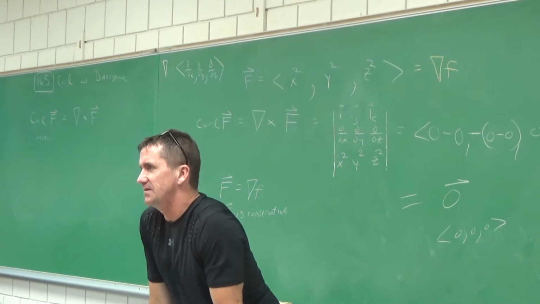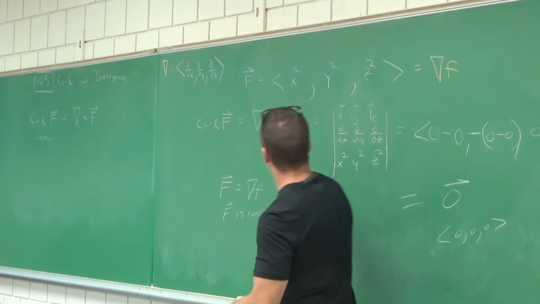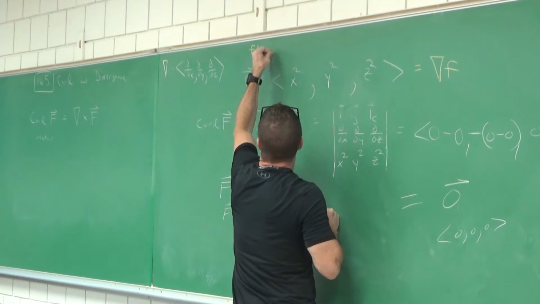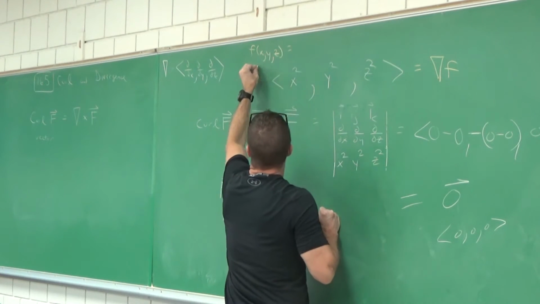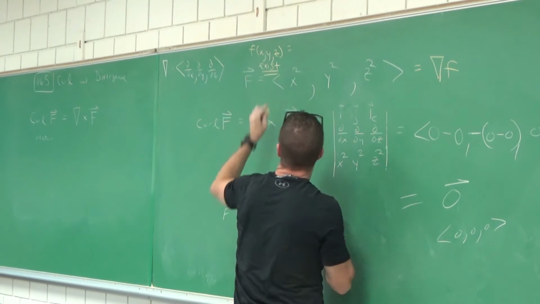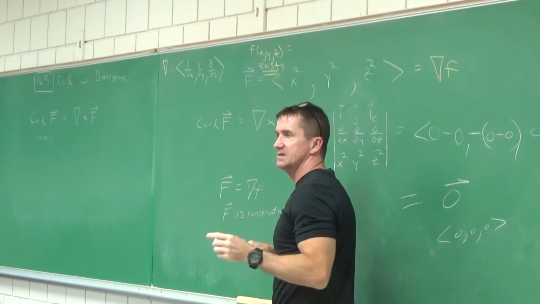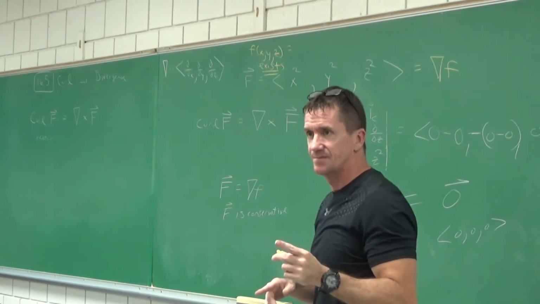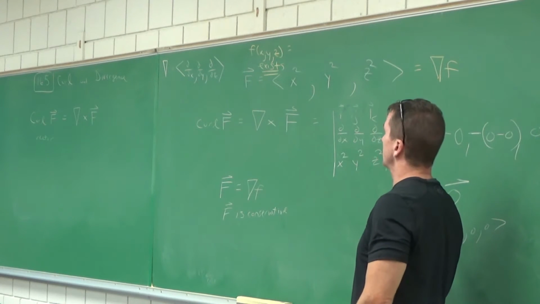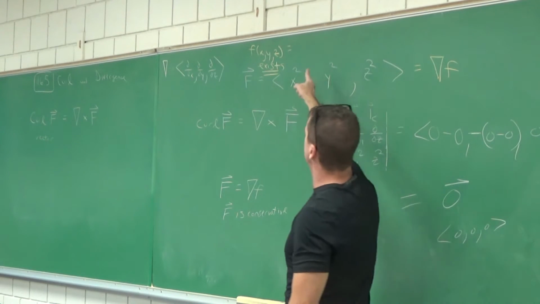So can we just quickly find that function? It shouldn't be too hard. There must be some function of x, y, and z. It exists. It has to, because the vector field is conservative. We showed that by getting this equal to 0. But can you find this function of x, y, and z?